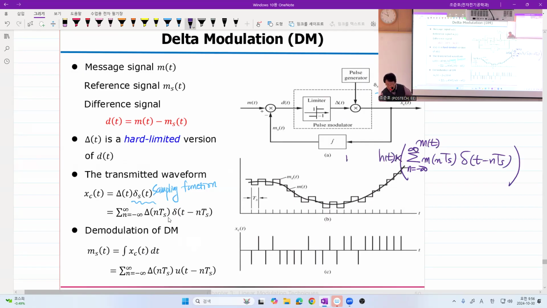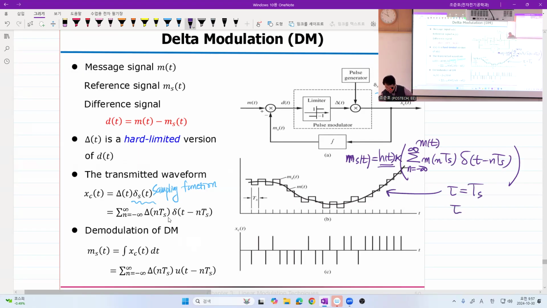And this is m sub s of t. By the way, if h of t has time duration tau equal to t sub s, then we have this one.